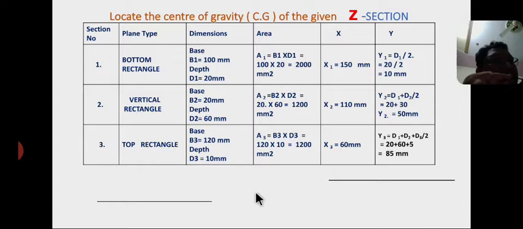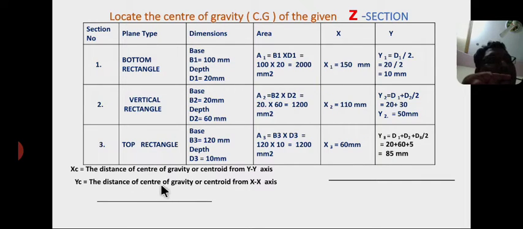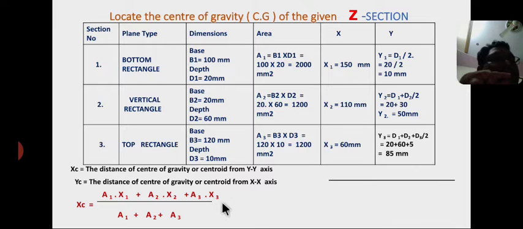Now from the general expression, xc equals the distance of the centroid or center of gravity from the y-axis, and yc equals the distance of the centroid or center of gravity from the x-axis. From the general formula, x equals a1 x1 plus a2 x2 plus a3 x3 by a1 plus a2 plus a3, and substituting the values, we get x equals 114.54 mm.